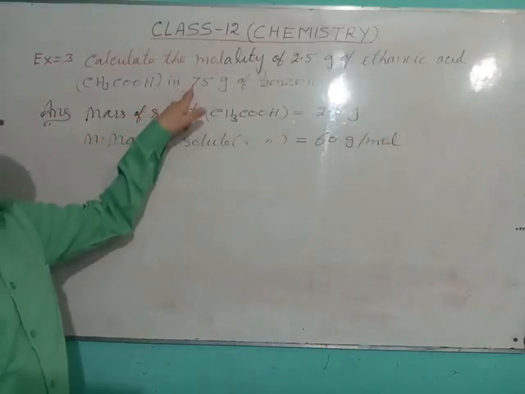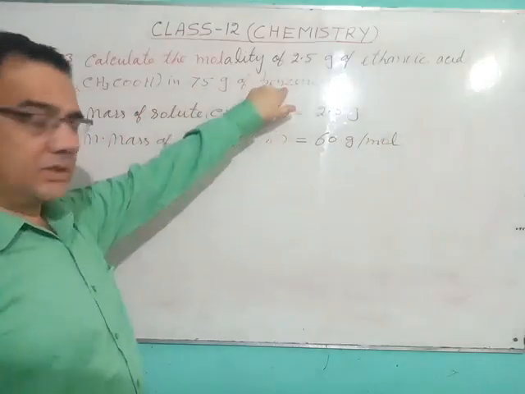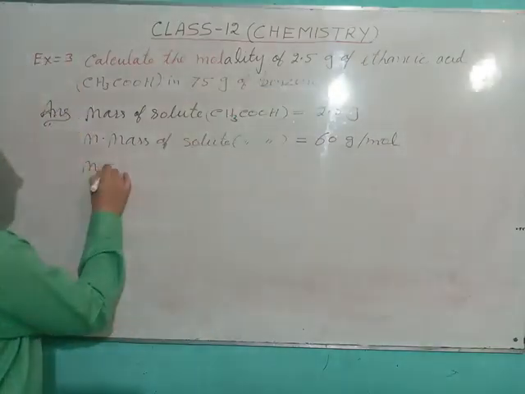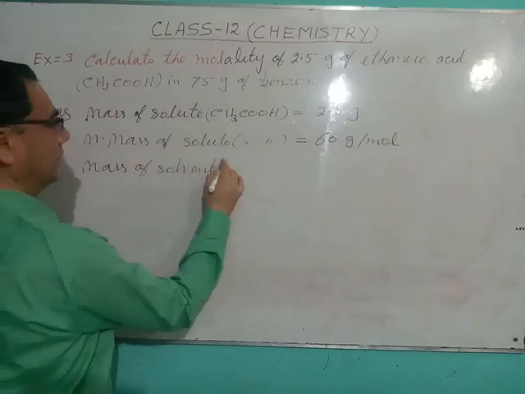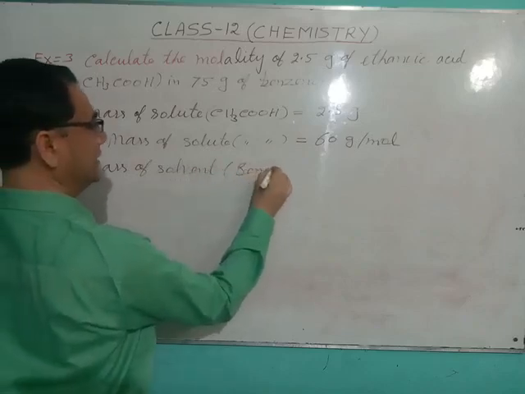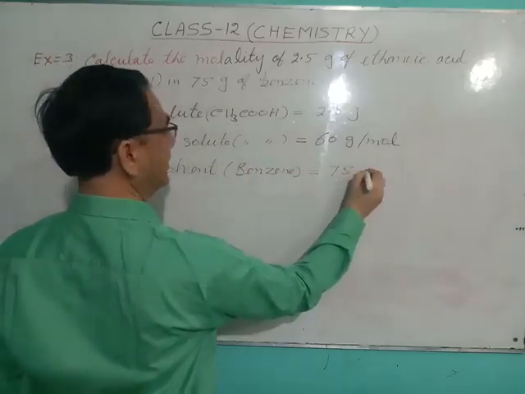Now dissolved in 75 gram of benzene. This is the solvent. So we write mass of solvent, and solvent is benzene, and that is 75 gram.